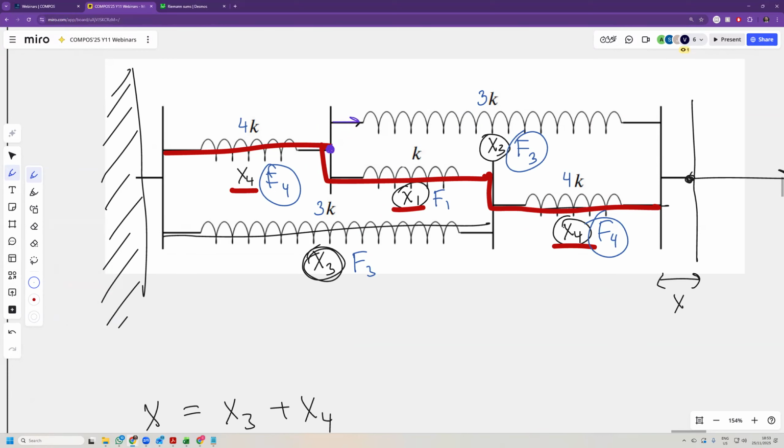It's pulled this way by a force F3. It's pulled this way by a force F1. And it's pulled this way by a force F4. So you can see that F4 is F3 plus F1.